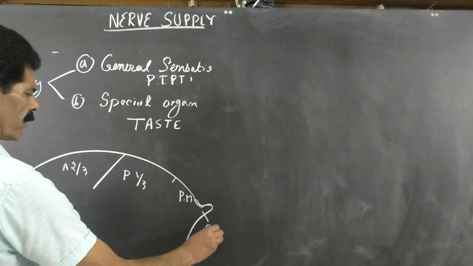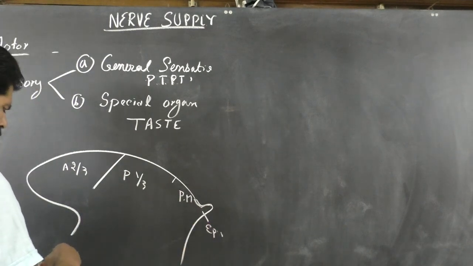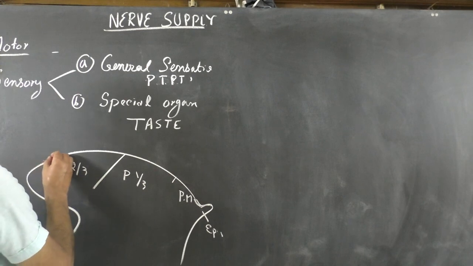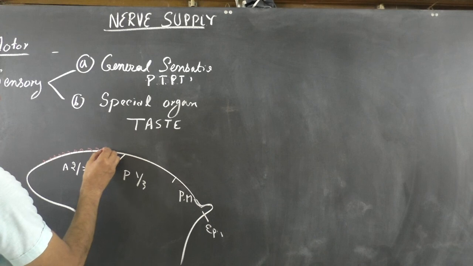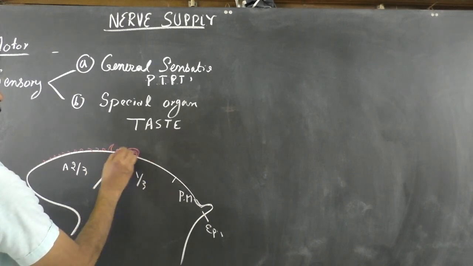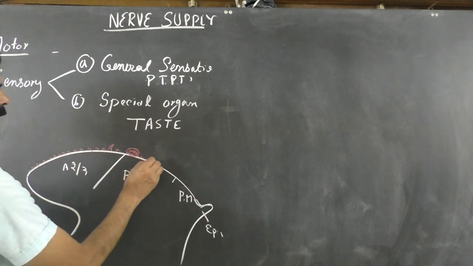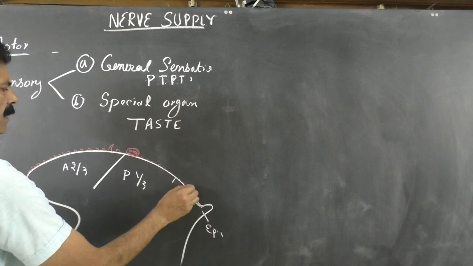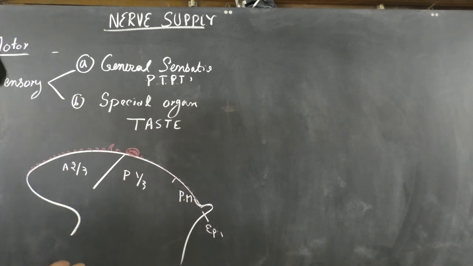So this is the epiglottis. Different types of taste buds are present, the filiform, fungiform, foliate and circumvallate types, scattered on the surface of the tongue. And these taste buds have taste fibers.